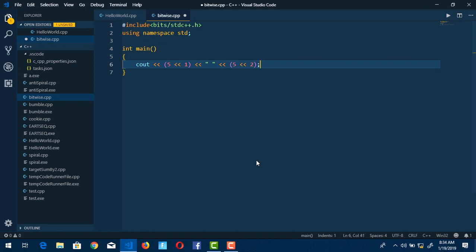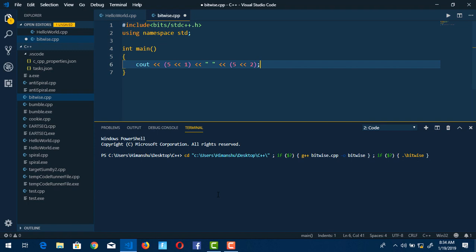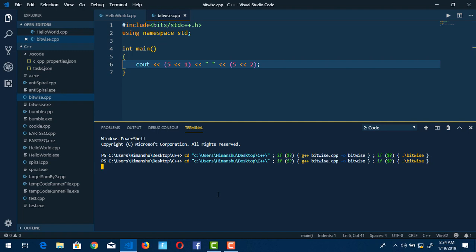Let me run this code and see these answers. Okay, I haven't saved the code, my bad. Okay, so it will be 10 and 20. So we have seen this example right here.